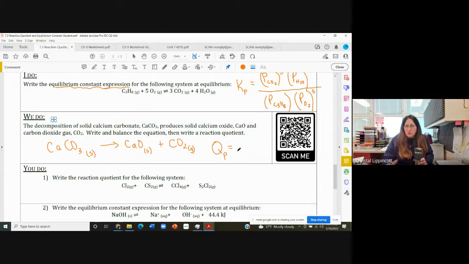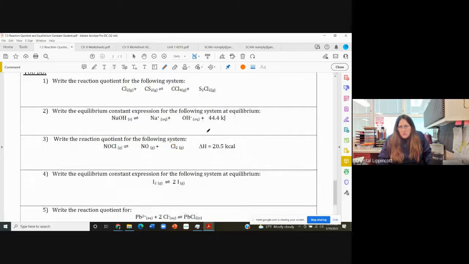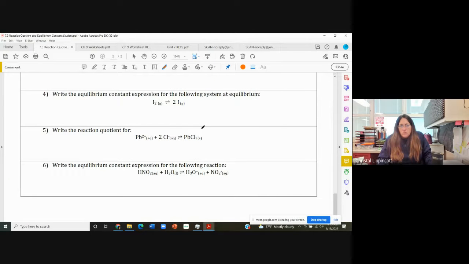Exactly. So it is just the pressure of CO2, and we don't need to raise it to anything either. Very good. Okay, so when it gives us these numbers like the kilojoules and the delta H constant, we don't need to do anything with that because all it's asking for is the expression, correct? Yes. Thank you, Libby.